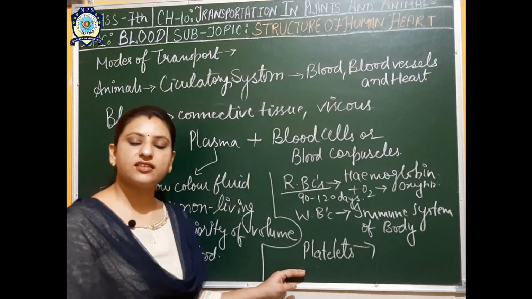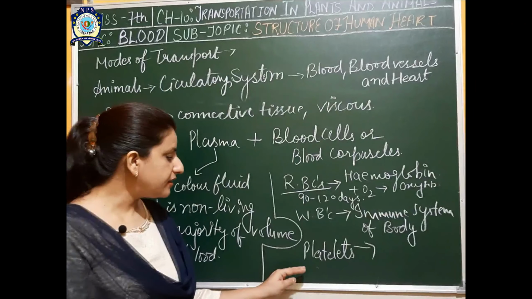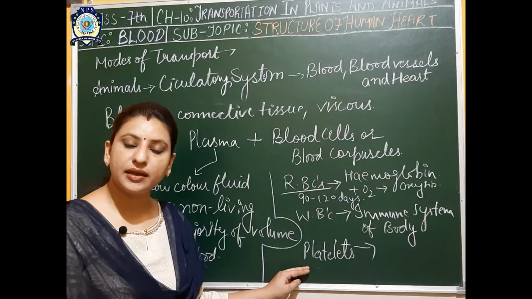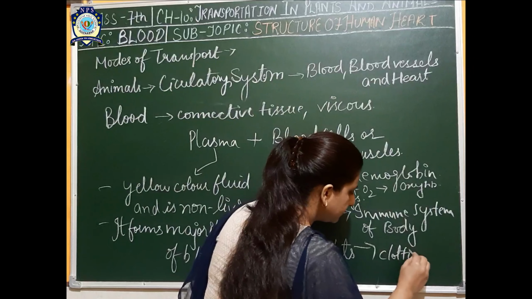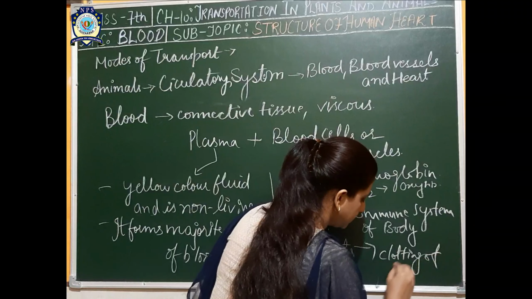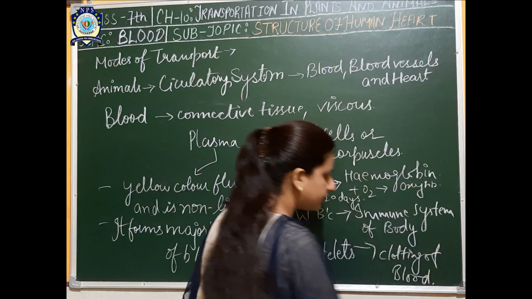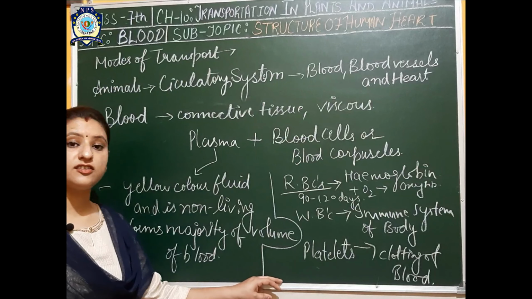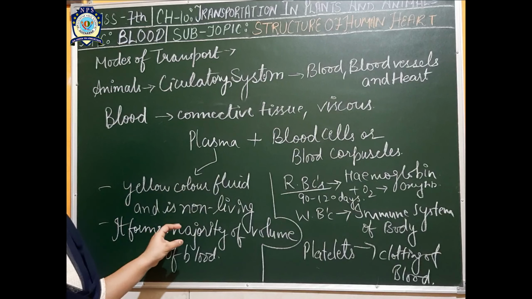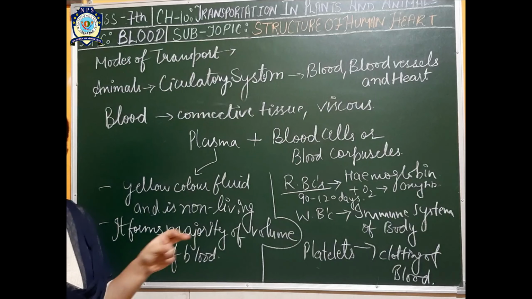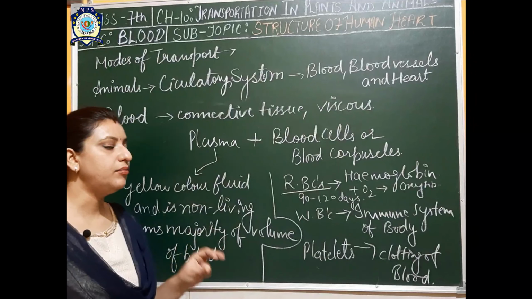Platelets are the smallest, and they help mainly in the clotting of blood. So this is the superficial discussion about the types of cells and the plasma part of the blood, and blood is a combination of both, that is plasma and blood cells.